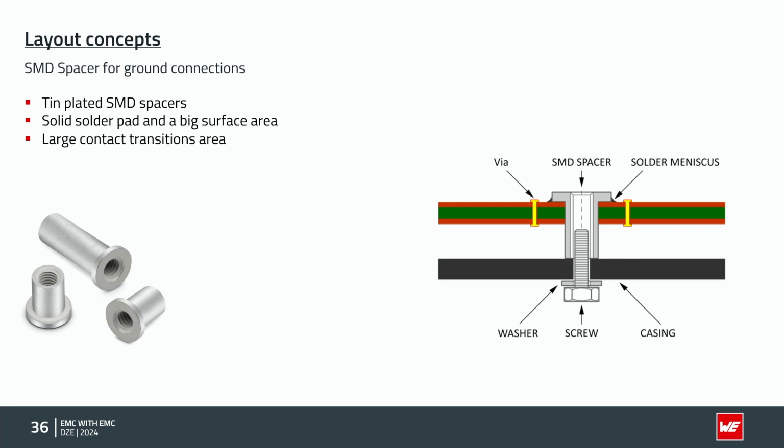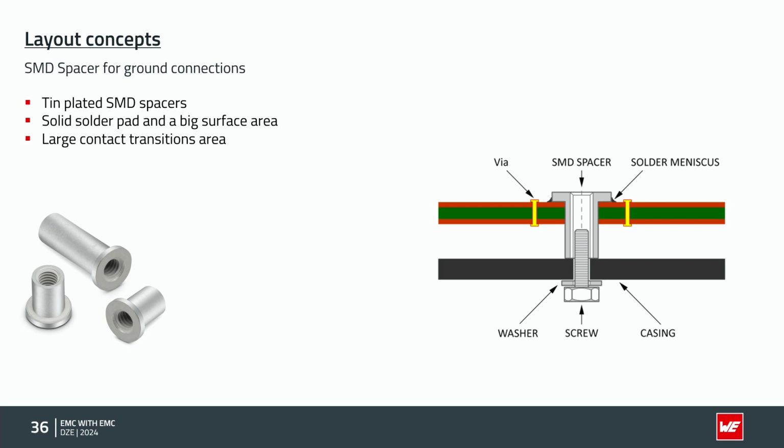Sometimes we as a manufacturer are also stumbling upon nice features about our products we had not intended in the first place. SMD spacers are an example. SMD spacers are mainly mechanical parts, to fix something to your casing, or more than one board to each other.